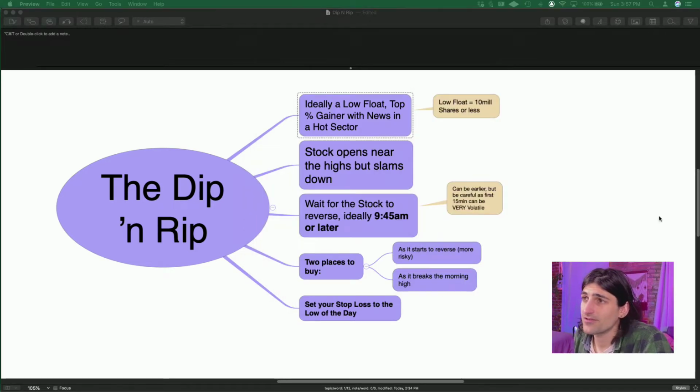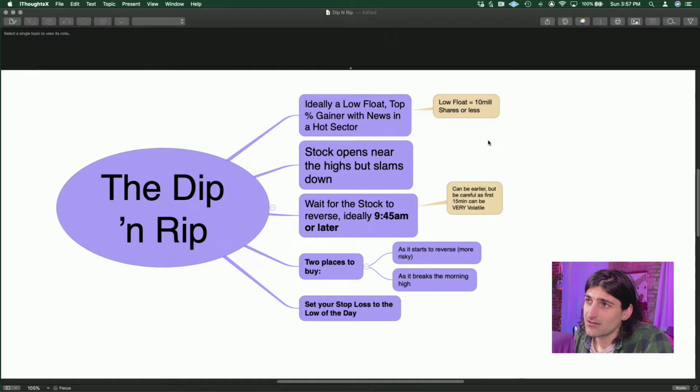So, ideally, the best candidates are going to be a low float runner. Low float means it has a small amount of shares available to trade, ideally 10 million or less, give or take, right? Think about supply and demand.